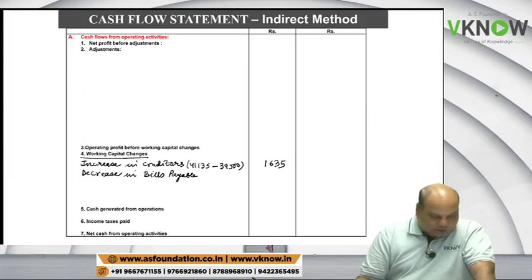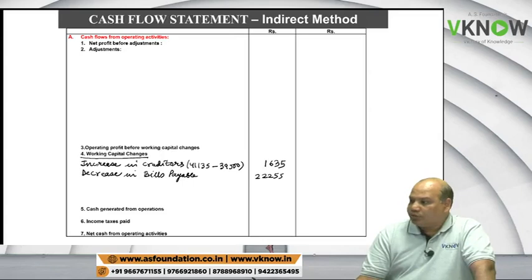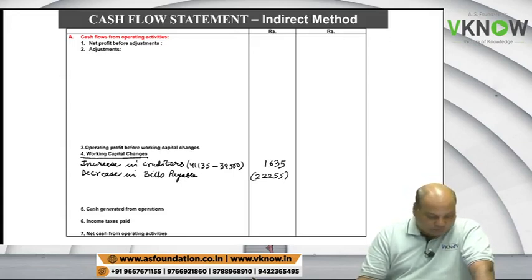So that is 22,255. Now tell me, decrease in bills payable, is it decrease in cash flow or increase in cash flow? Decrease in bills payable, decrease in current liability, decrease in cash flow. In case of current liability, decrease in current liability, decrease in cash flow.